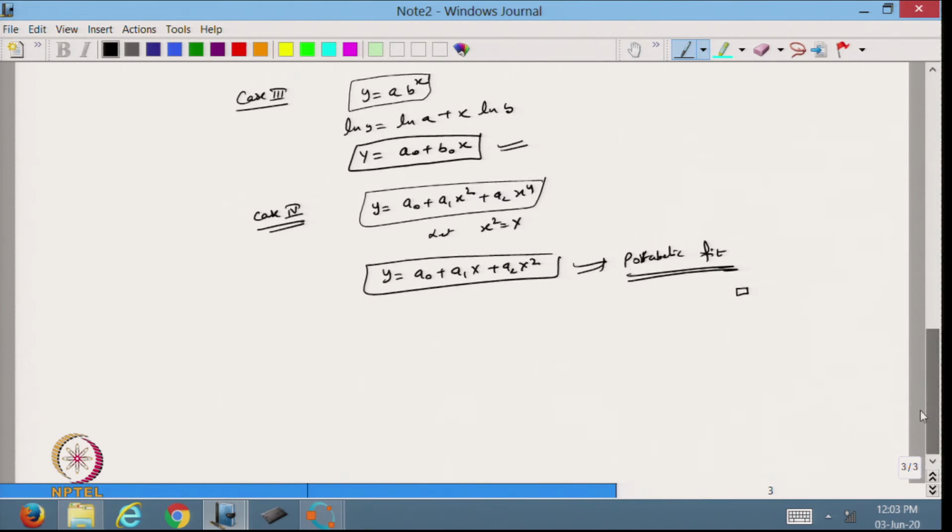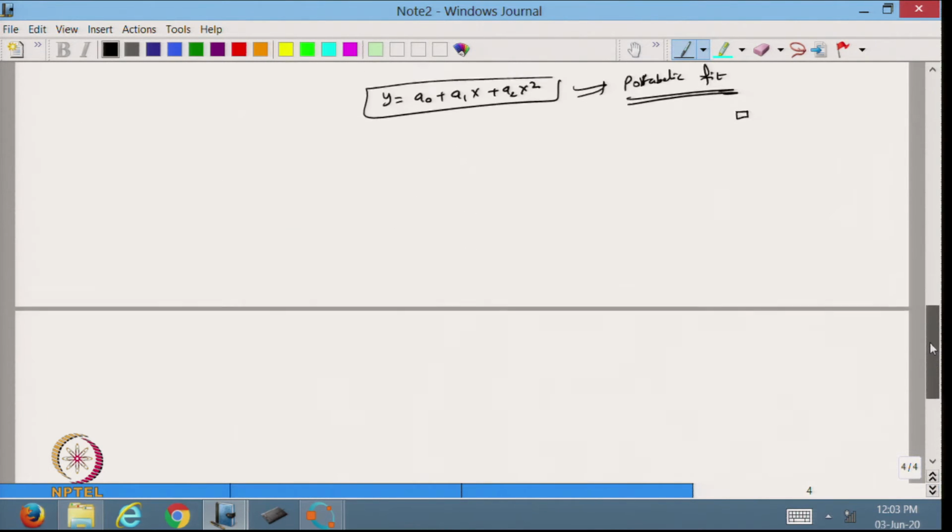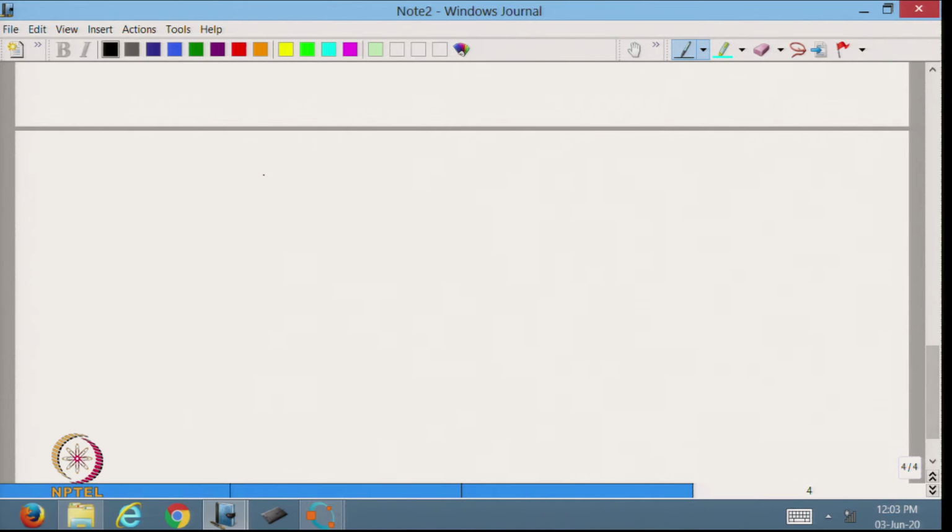Now, we are going to start the next unit, and the next unit is numerical differentiation. So, let us try to find out how we can take the help of numerical differentiation.